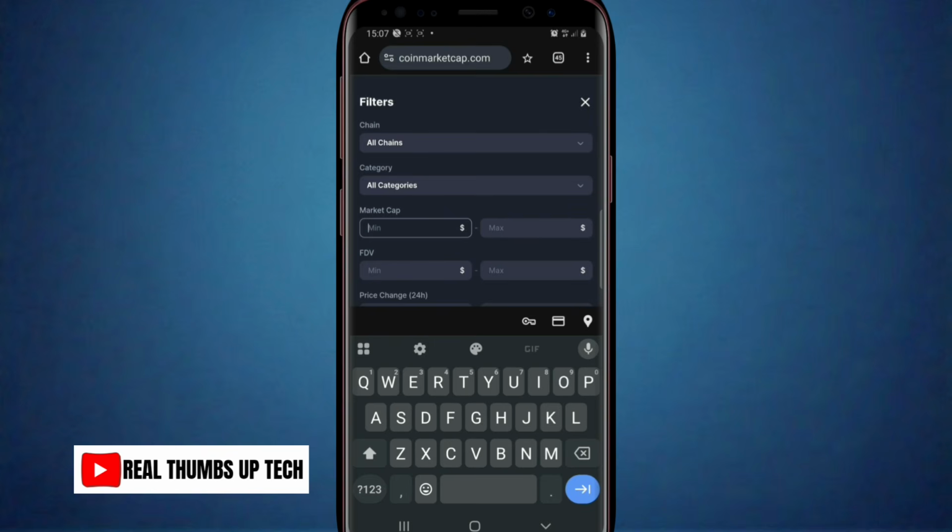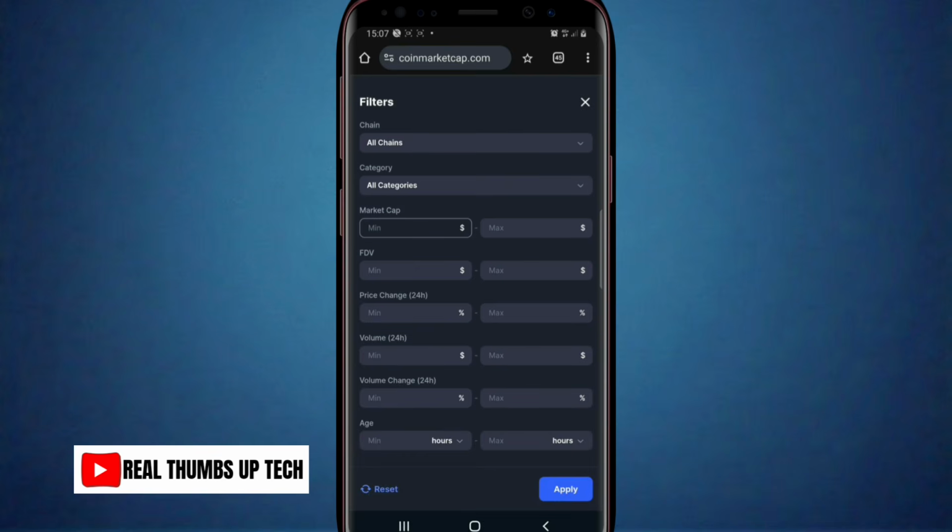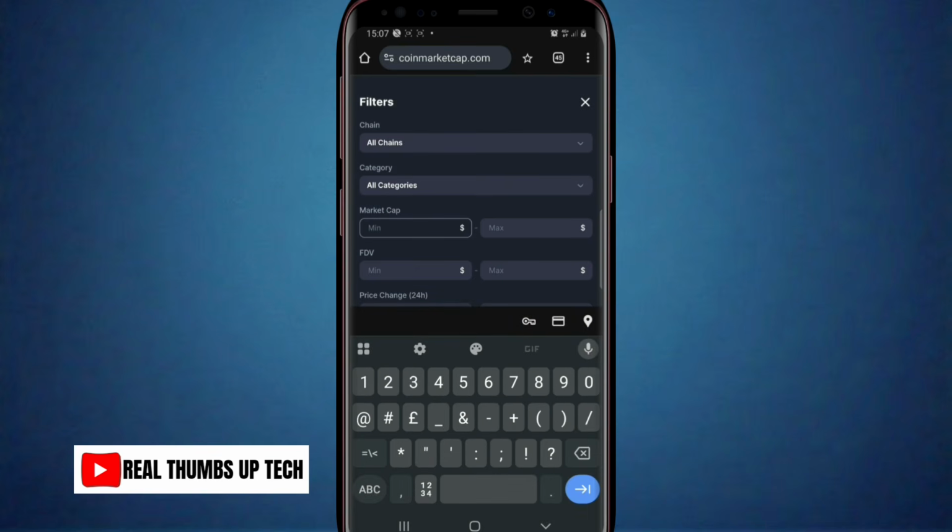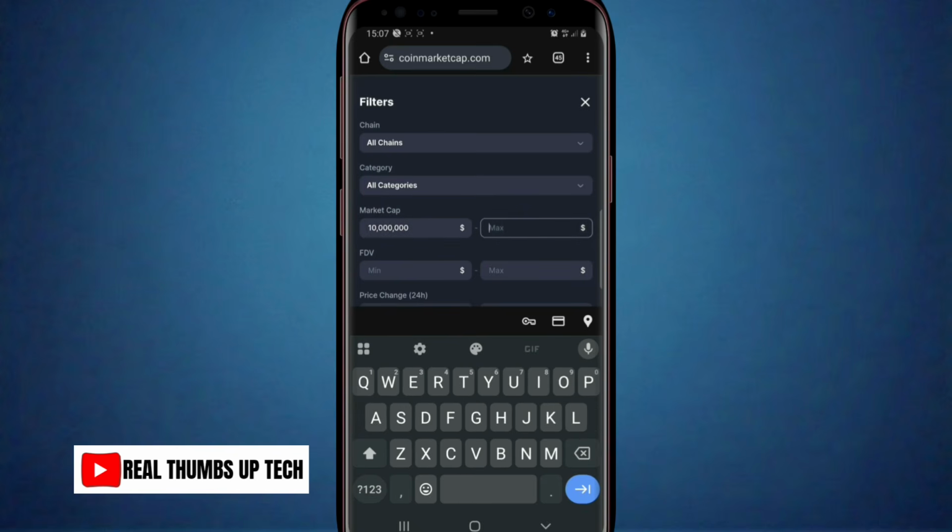So under the market cap, what I use here as a minimum is from 10 million. That means I'm looking for coins with market cap starting from, that's the minimum, 10 million to about maybe 1 billion.